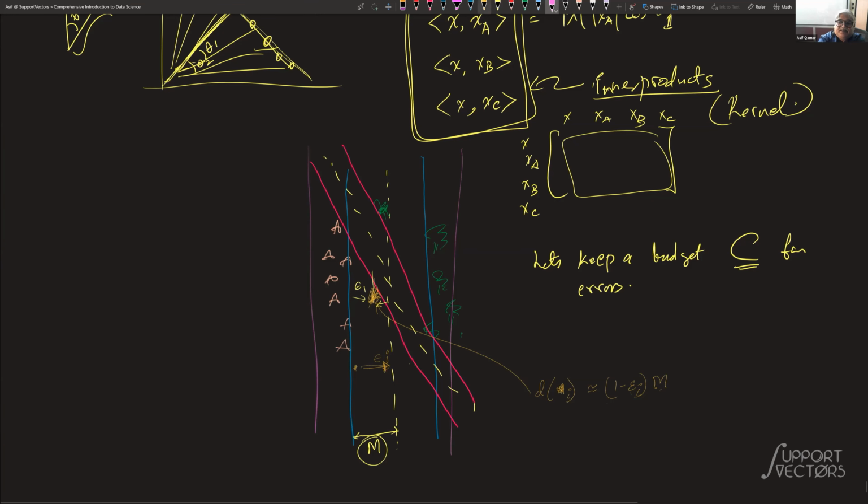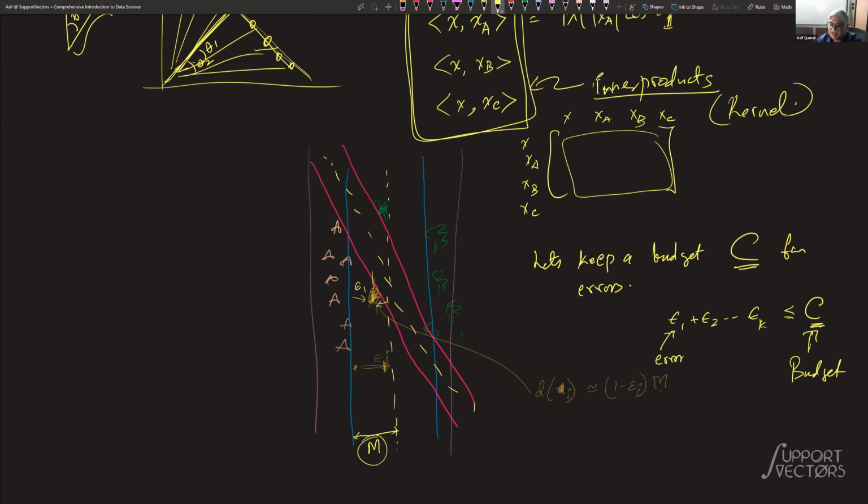And so this brings us to a concept that you keep a budget such that epsilon 1 plus epsilon 2, whatever number of epsilon k's you have, is less than or equal to some budget C. Are we together? You think of each error as an amount you have spent, and your total budget is C. Think of error spending, error penalty.